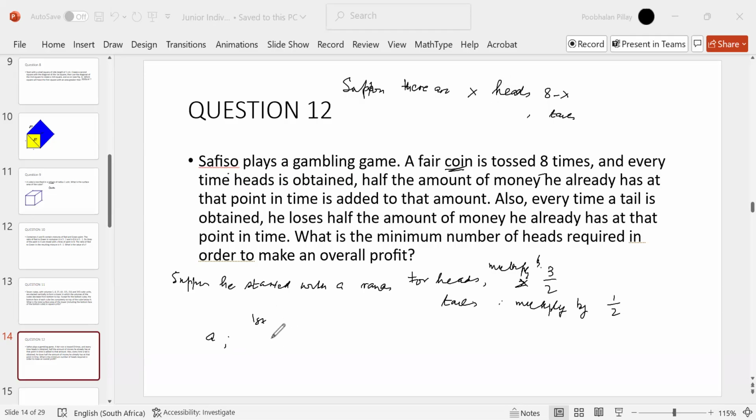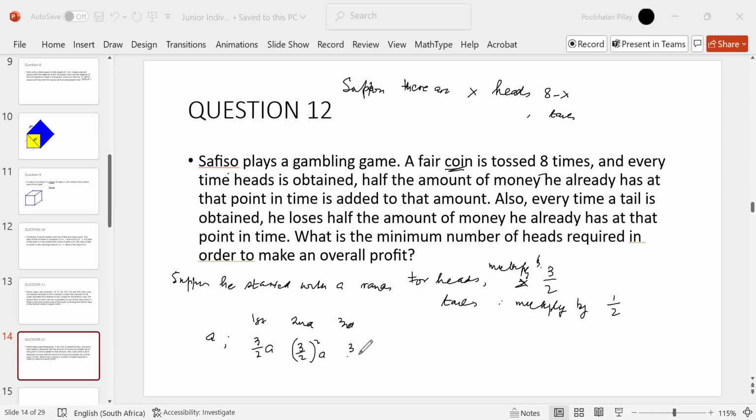The x heads. So you have to multiply this by 3/2, right? And then the second one is a head again. So you multiply that by 3/2. Whatever you had, it's multiplied by 3/2. So it becomes 3/2 squared times A. And the third throw, again, is a head.